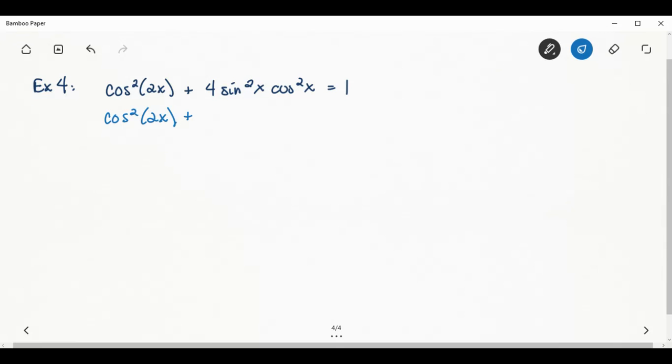Unsquaring sine and cosine, we have 2 times sine x cosine x times another 2 sine x cosine x. So we break up that product of 4 sine squared cosine squared into 2 different 2 sine x cosine x. Each of these 2 sine x cosine x is a separate sine double angle expression.